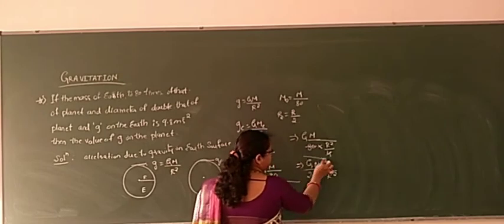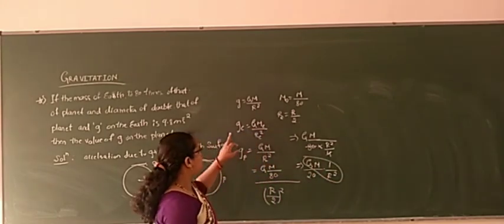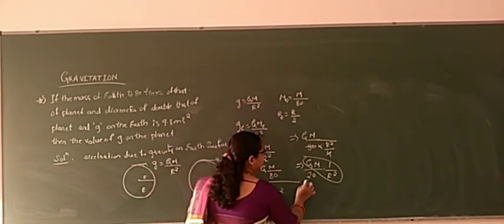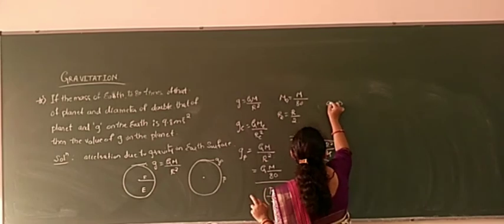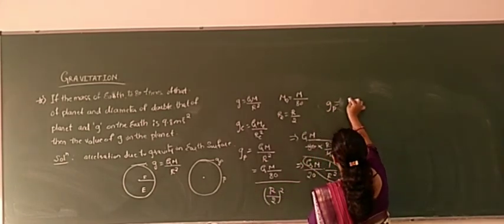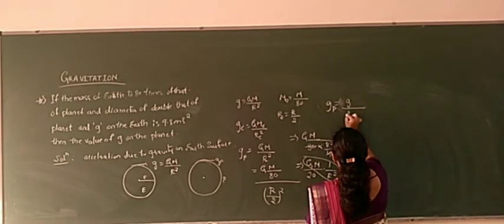So just look at this part. This is nothing but GM by r square, that is the acceleration due to gravity on the surface of the earth here. So the acceleration due to gravity on the planet is nothing but g divided by 20 here.